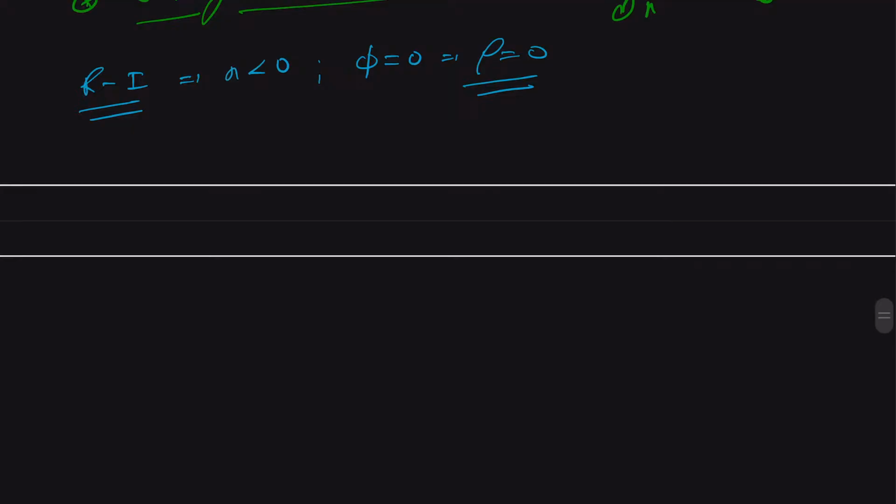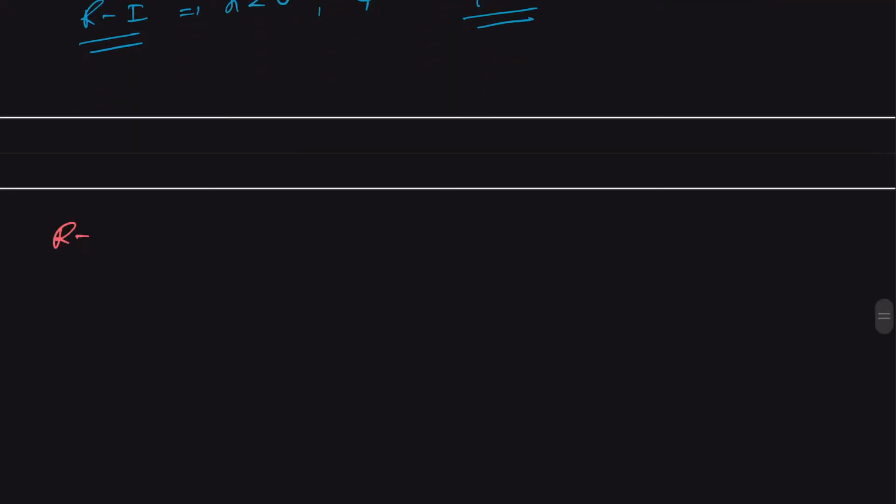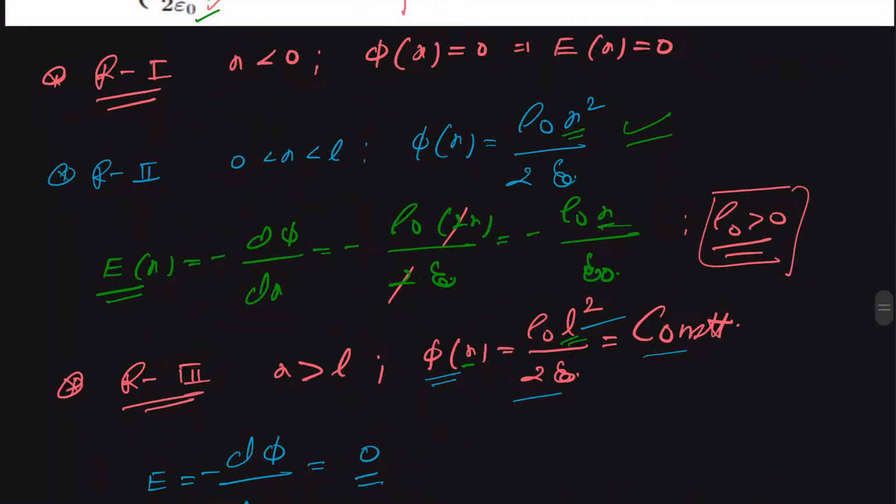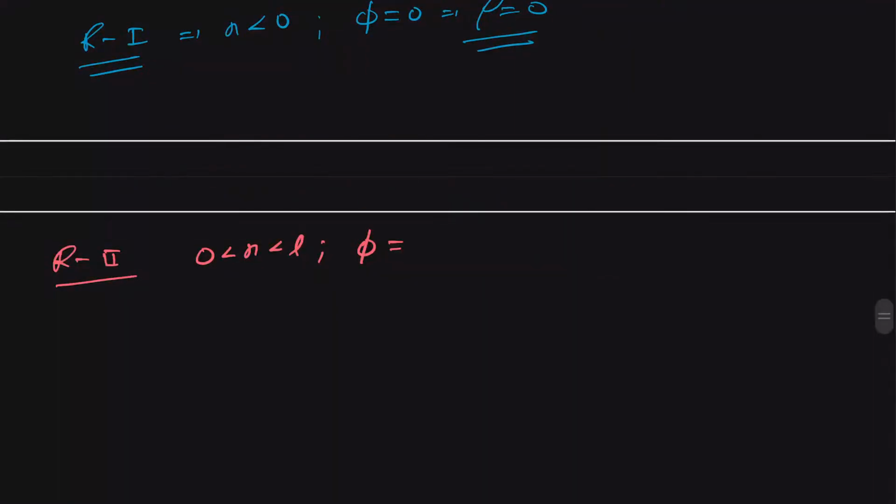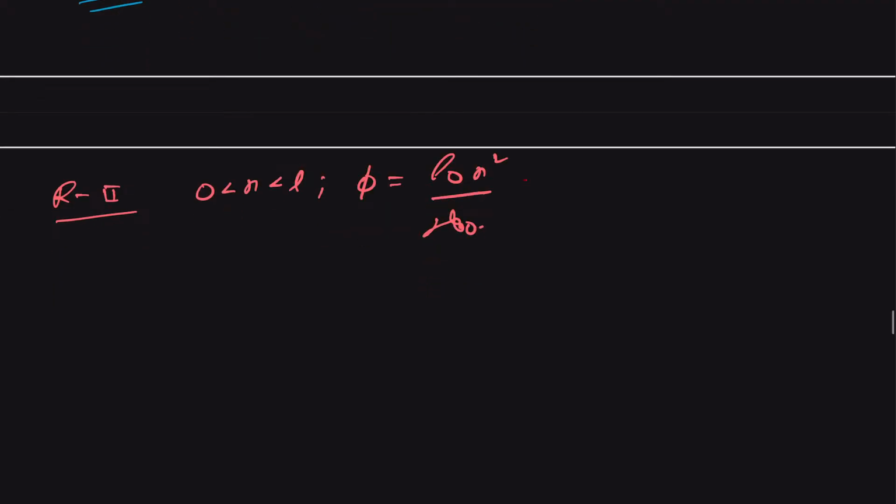And for region 2, x lies between 0 and L, and the potential given to us for region 2 is rho naught x square upon 2 epsilon naught. We have to do a double derivative of it.